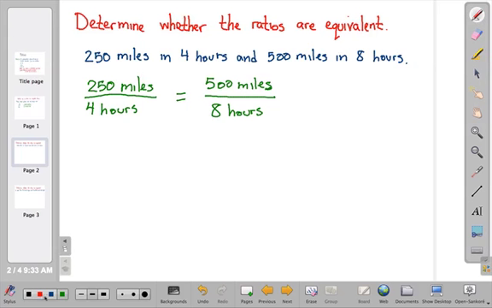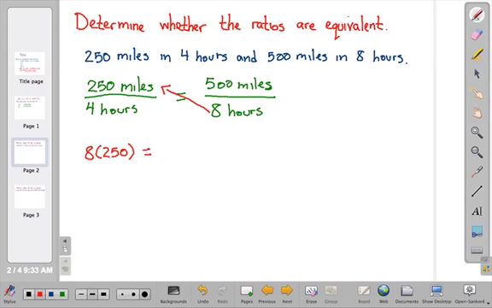Now there are several different ways that you can go about solving these. I think one of the simplest ones is to use cross multiplication. So what we do is we look diagonally and we multiply these two things together. So I have an 8 and I have 250. So I'm going to multiply those together on one side of the equal sign. And I'm going to bring the equal sign down.